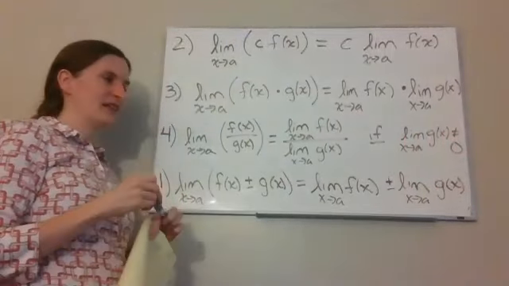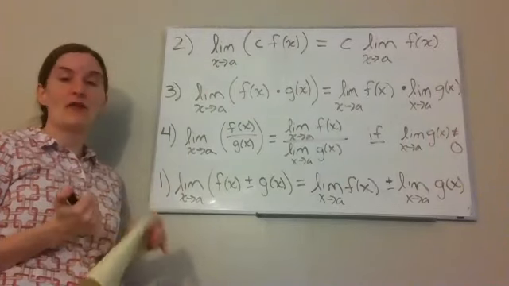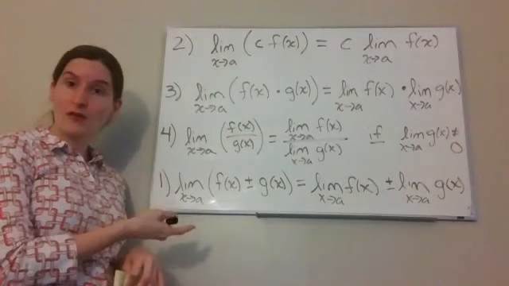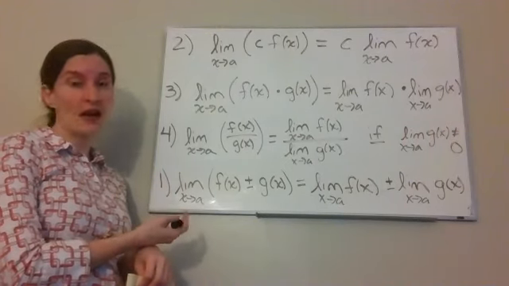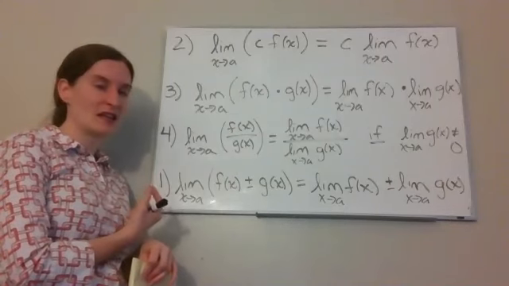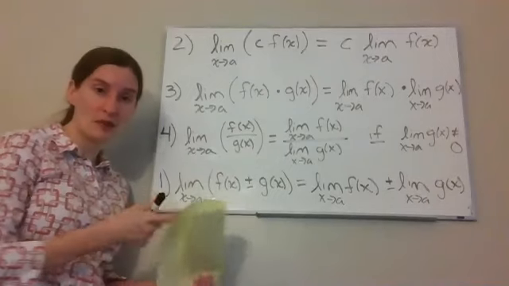So that last bit there is just making sure we're not dividing by 0. So if you have a quotient of functions that you need to find the limit of, as long as the function in the denominator does not have a limit of 0, you can find this limit by just taking the limit of the top and the limit of the bottom and do the ratio of those numbers.